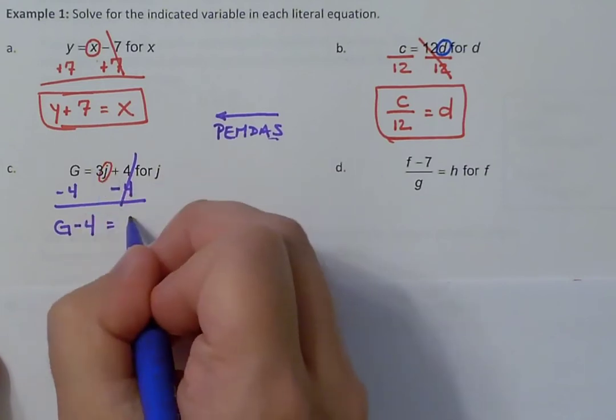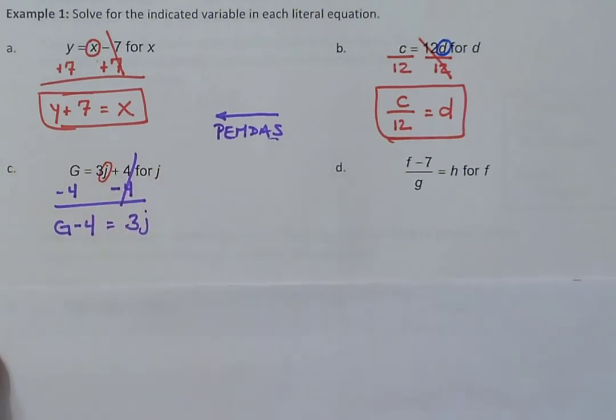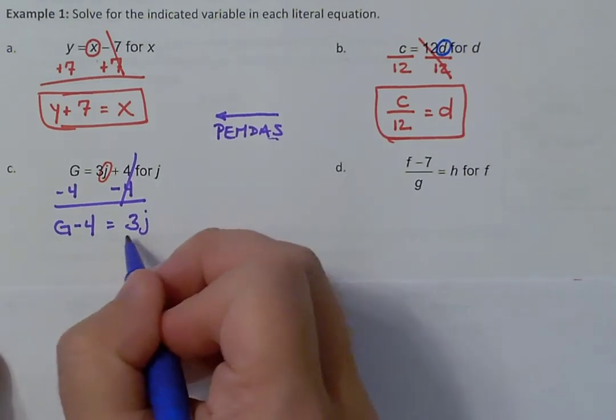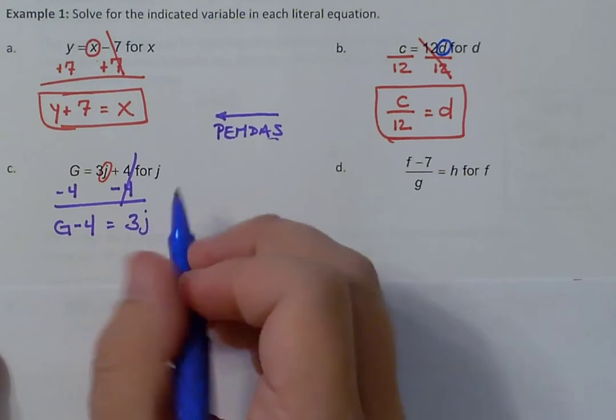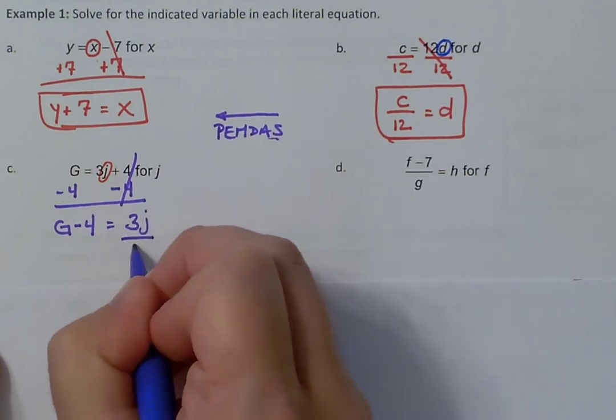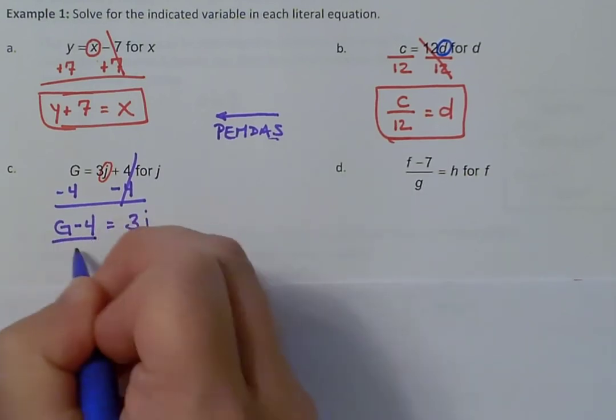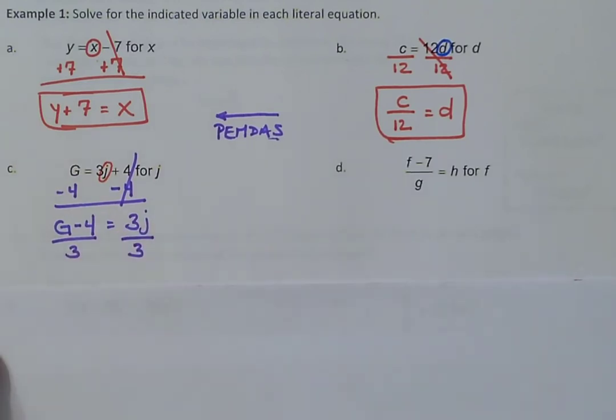And then I am left with a 3j. So I now have g minus 4 equals 3j. Now I still don't have j alone. 3j represents 3 times j, so the opposite would be to divide by 3.